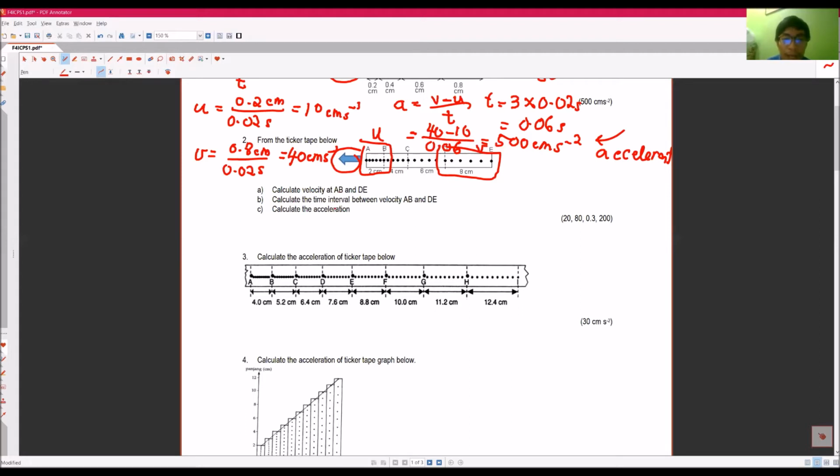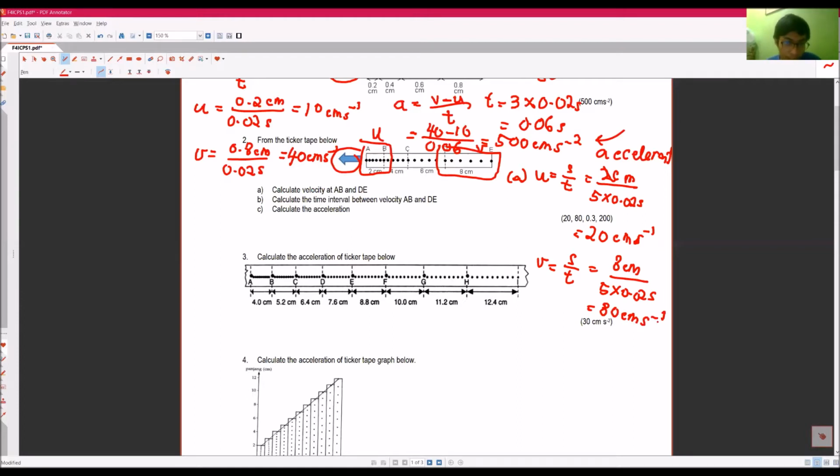For the initial velocity, s over t: 2 cm divided by 5 dots times 0.02 seconds, and we get 20 cm s^-1. For the final velocity, s over t: 8 cm divided by 5 times 0.02 second, which gives 80 cm s^-1.